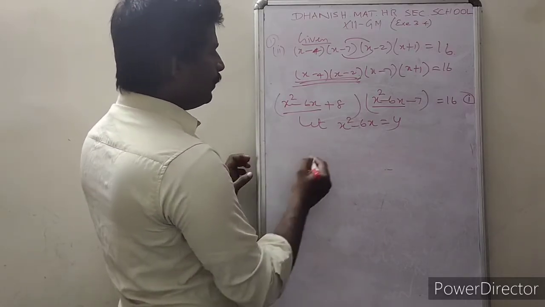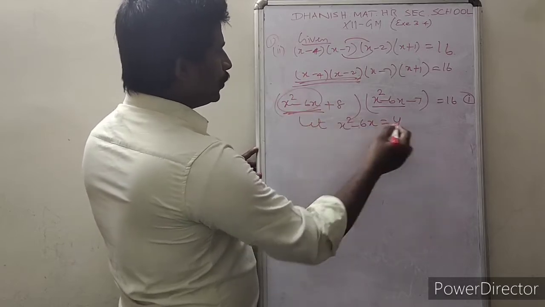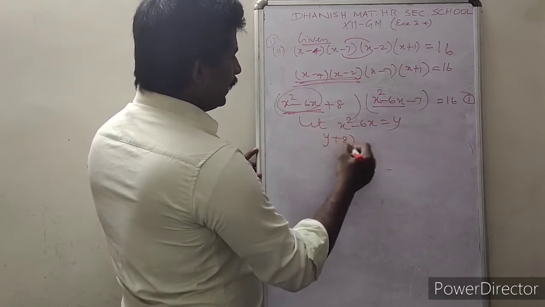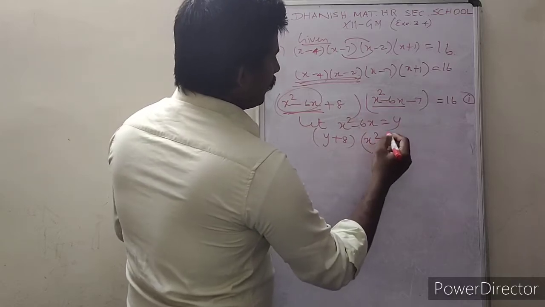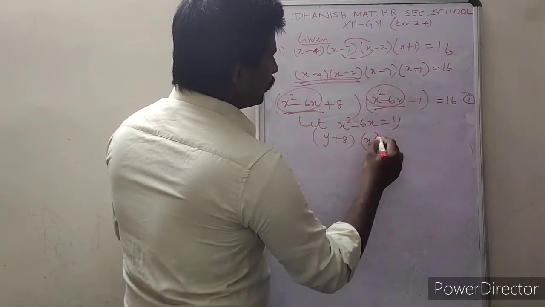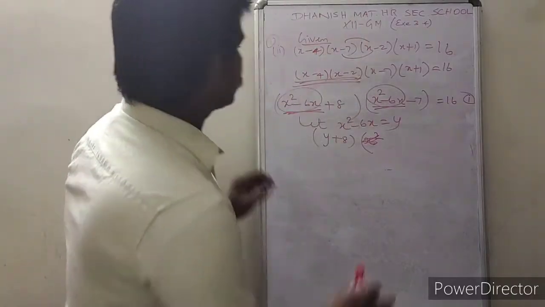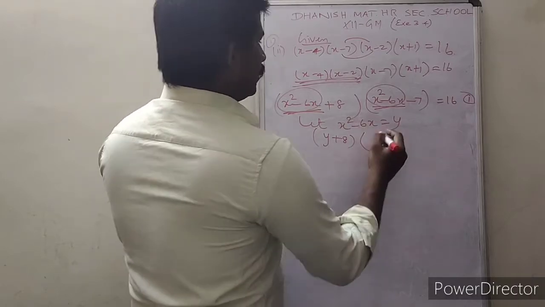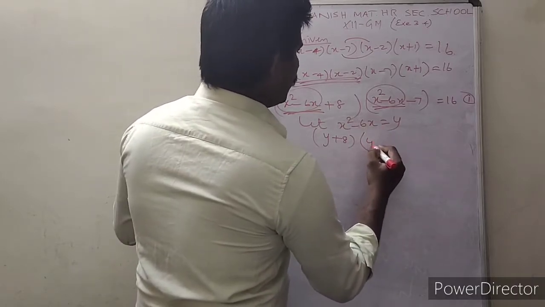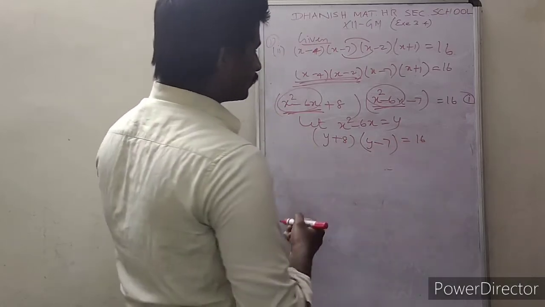So equation 1 becomes, instead of this I'm going to put y plus 8 into y minus 7 equal to 16.